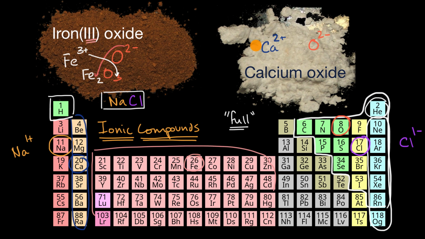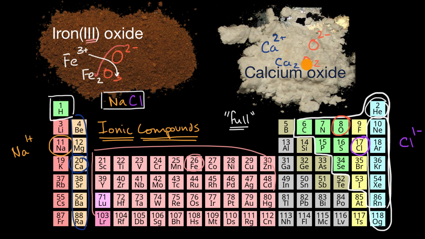And now, if you just blindly did this crossover technique, you'd say, all right, 2 minus charge for the oxygen, so I would put 2 calciums there, and 2 plus charge for the calcium, so I would put 2 oxygens there. And you'd say, well, maybe this is the empirical formula. But you want to make the empirical formula as simple as possible.